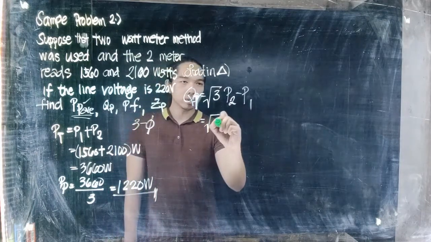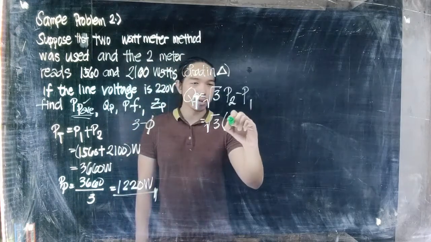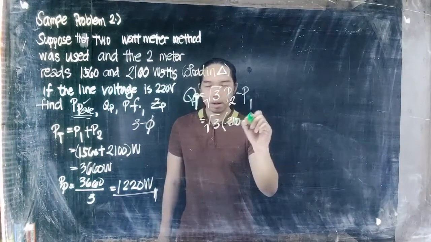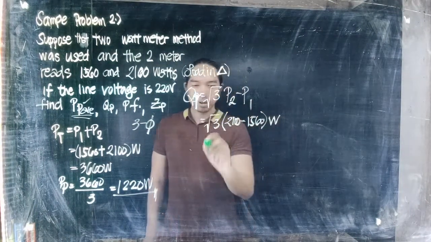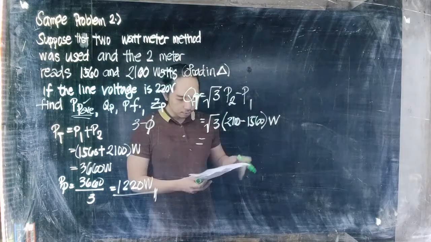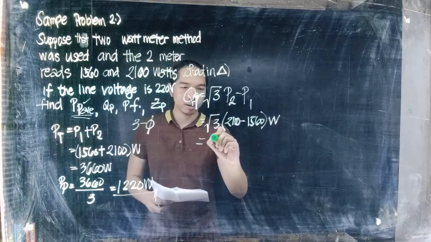So QT is equal to square root of 3 times 2,100 minus 1,560 watts. Solving for our QT, that would lead to 935.3 VAR.